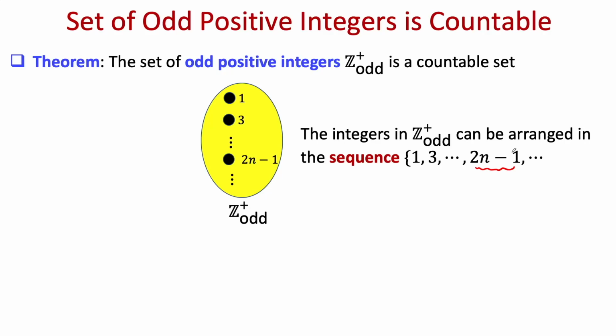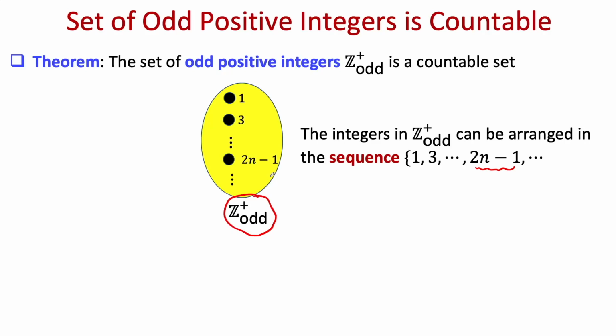It's valid in the sense no element in this sequence is repeated, and you take any integer from this set of positive integers, it will appear somewhere in this list. It will not be the case that you keep on traversing this sequence infinitely, but still you never come to that element which you are considering, right?